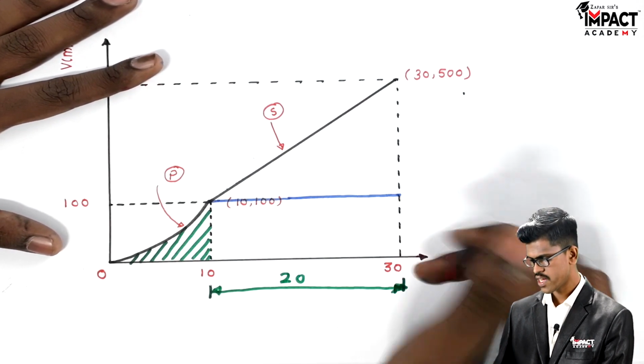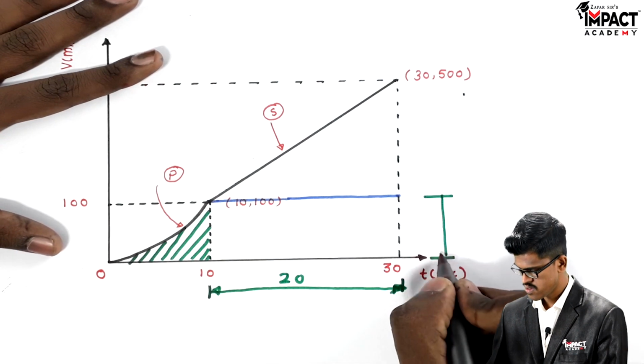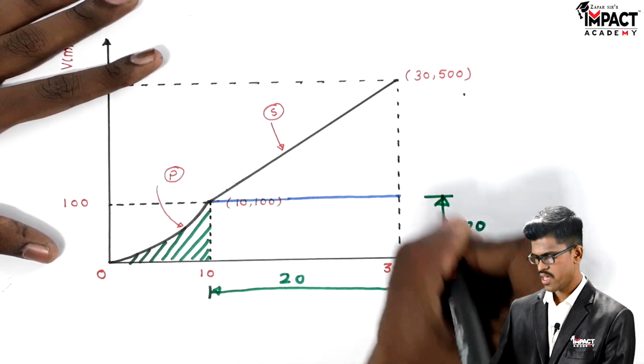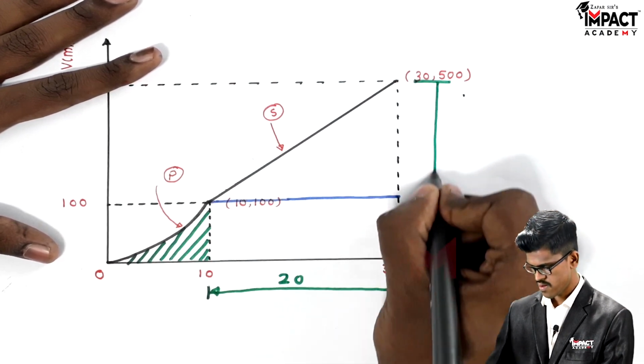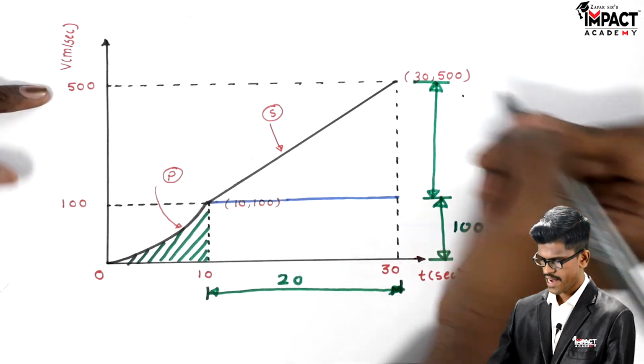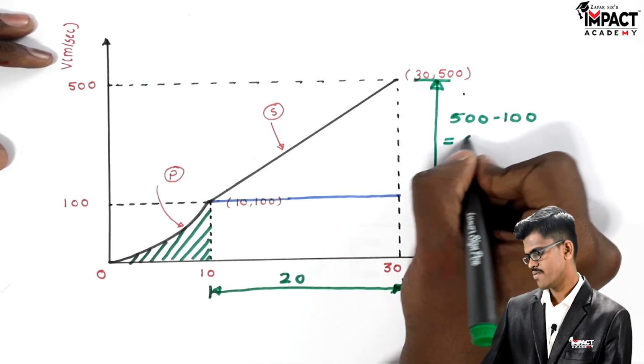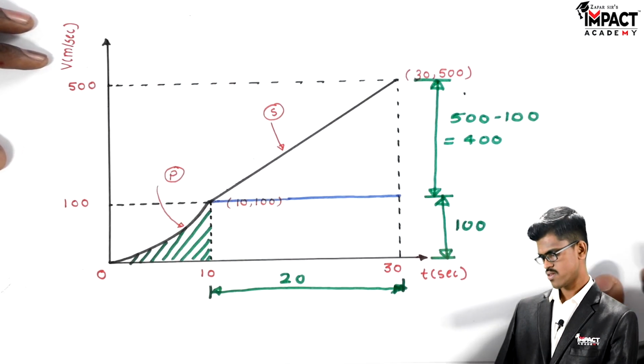Okay, the height of the rectangle is 0 to 100, means 100. Okay, and the height of the triangle is 500 minus 100, that is 400.